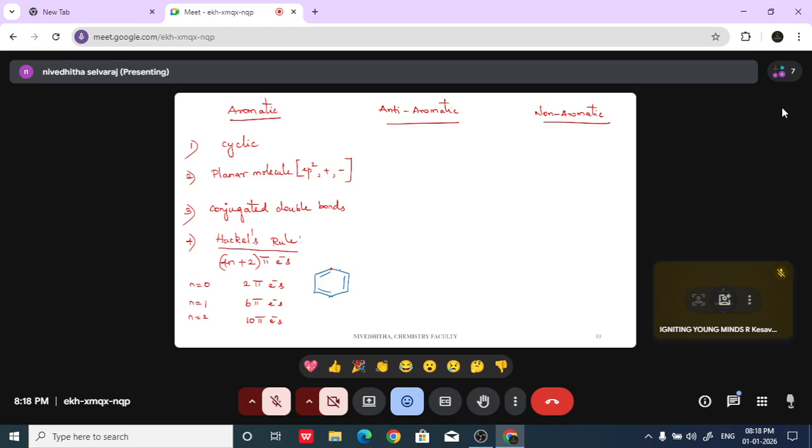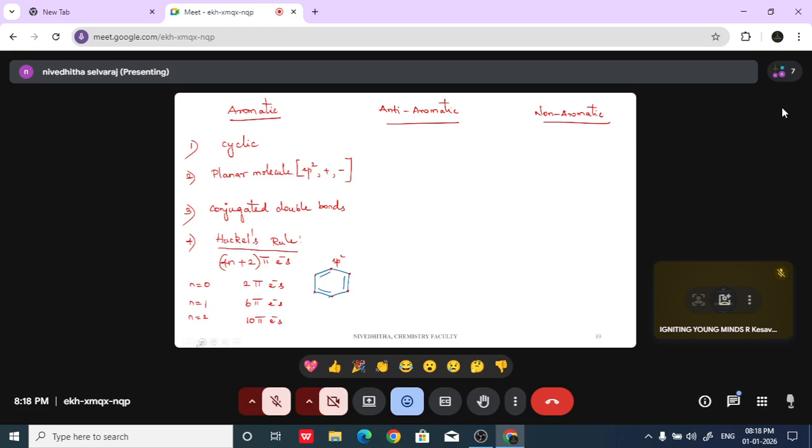So around this carbon atom, I have 1 pi bond. What will be the hybridization of that carbon? sp2, ma'am. Yes, so this is an sp2 hybridized carbon. Similarly, all the carbons have 1 pi bond, so all the carbons are sp2 hybridized. So definitely this molecule is planar. Then we should find whether it has conjugated double bonds.